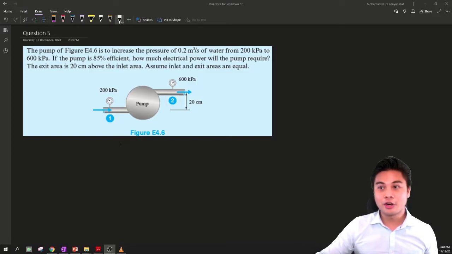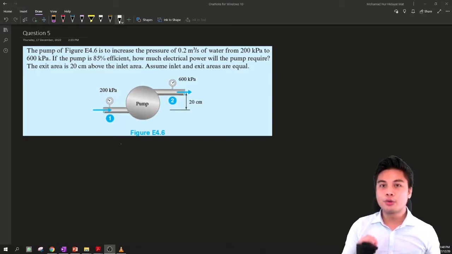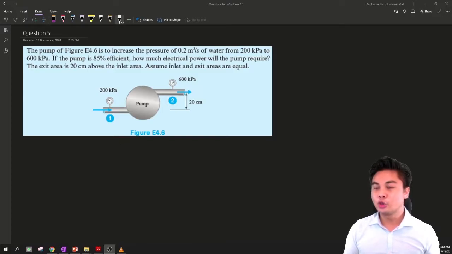Today we're gonna solve one question, which is: the pump in the figure is to increase the pressure of 0.2 meter cubed per second of water from 200 kilopascal to 600 kilopascal.